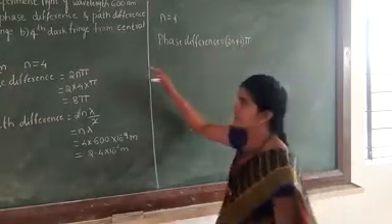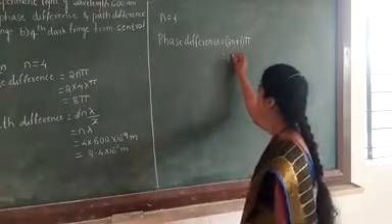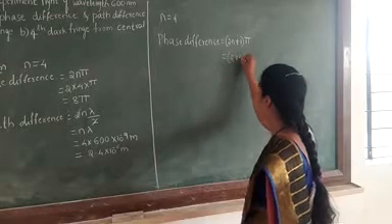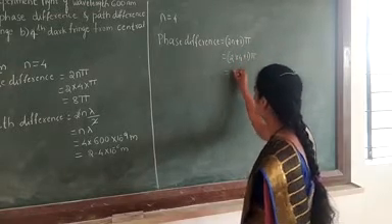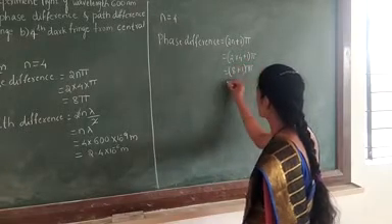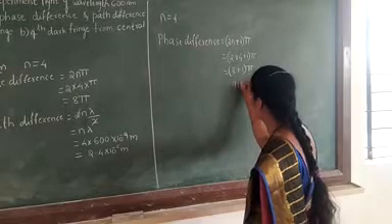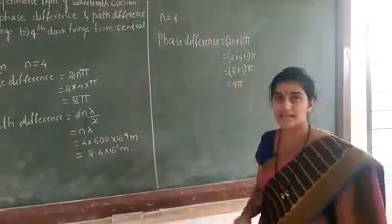Put the values: (2 into 4 plus 1) into pi, that is 8 plus 1 into pi. The total answer is 9 pi. This is the phase difference at n equal to 4 for the dark fringe.